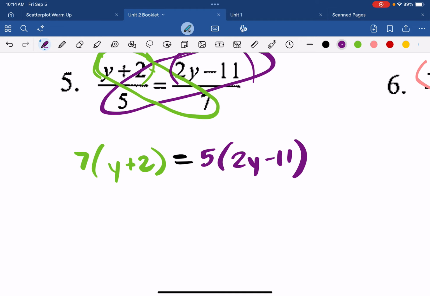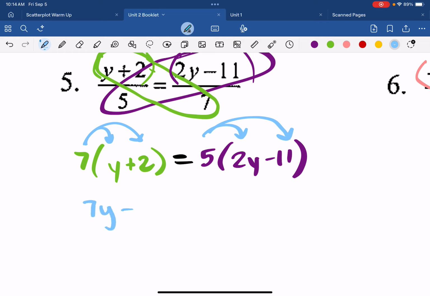Now, I notice I have parentheses on both sides, so I'm just going to distribute on both sides. So I have 7y plus 14 equals, on the other side, I'm left with 10y, let's use our blue, 10y minus 55. So that was just distributing.